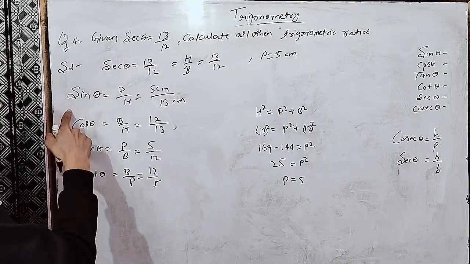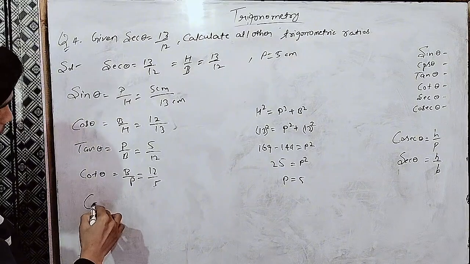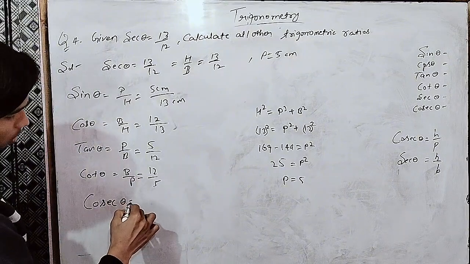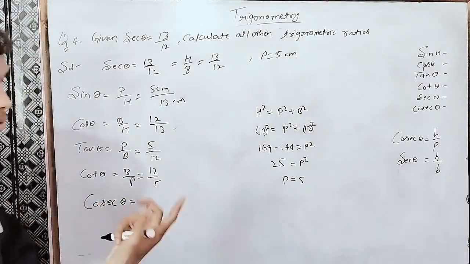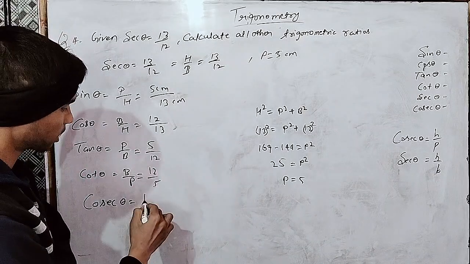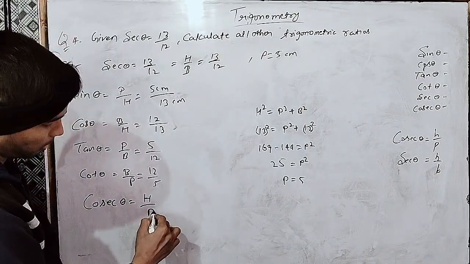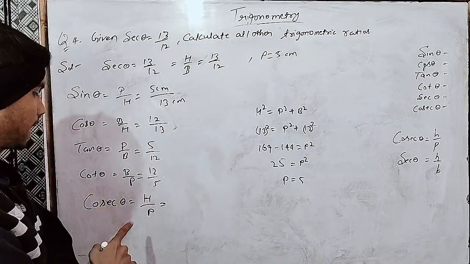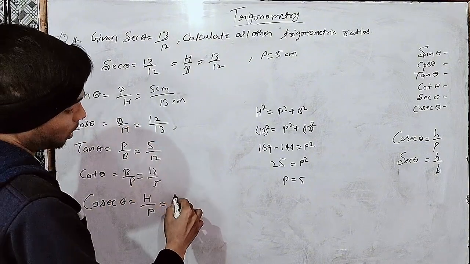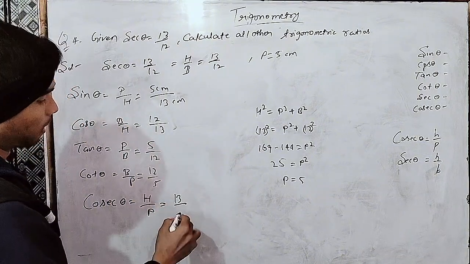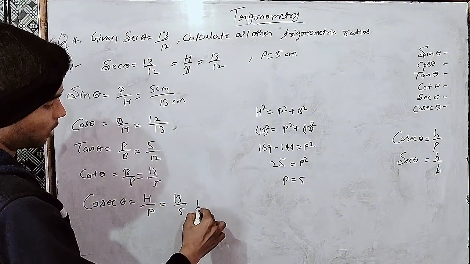Last is cosec theta. Cosec theta is just the opposite of sin theta, H by P. H is 13 and P 5.